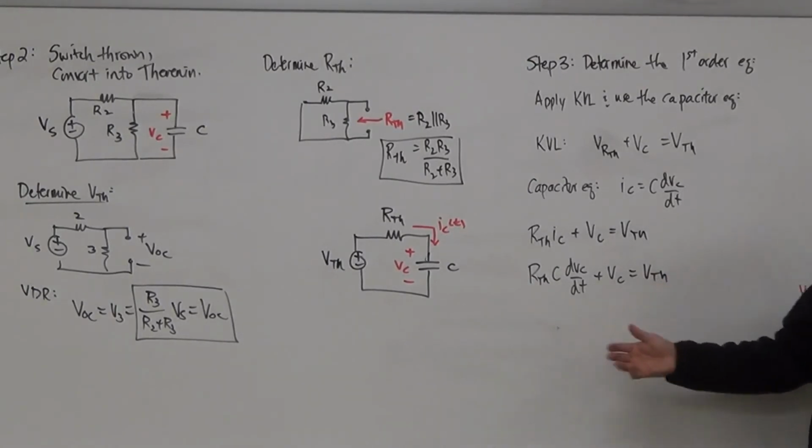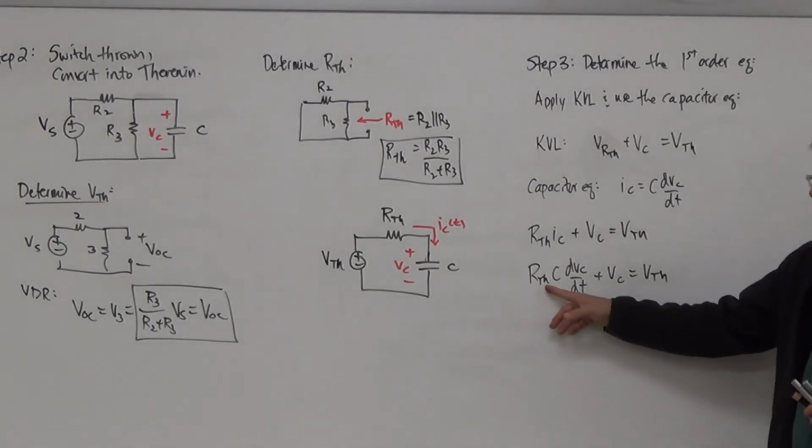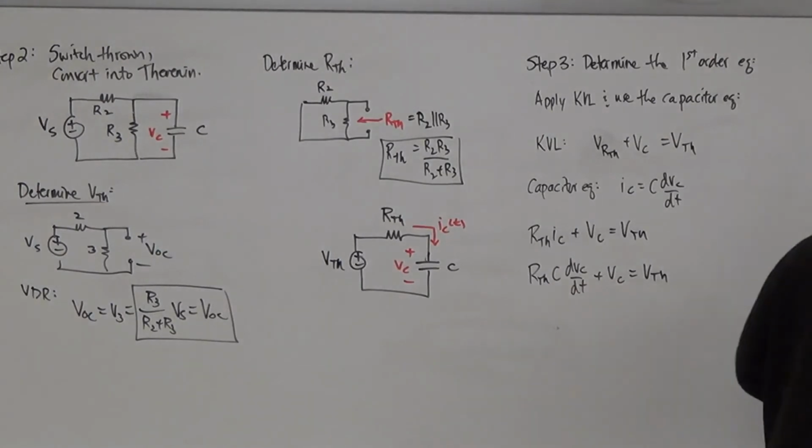Okay, so there's my first order differential equation. What's common practice, we could leave it like this, but the common practice is to divide by this R_TH value. So if I do that, you'll see that I'll divide all of these terms out of the picture.